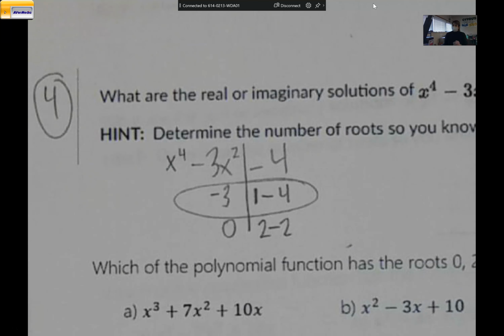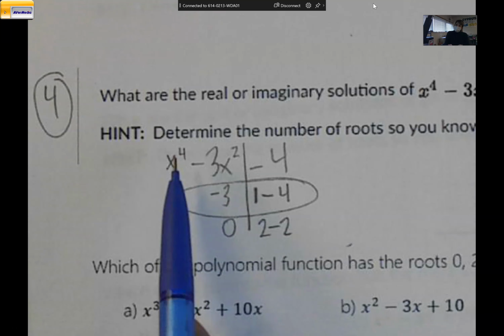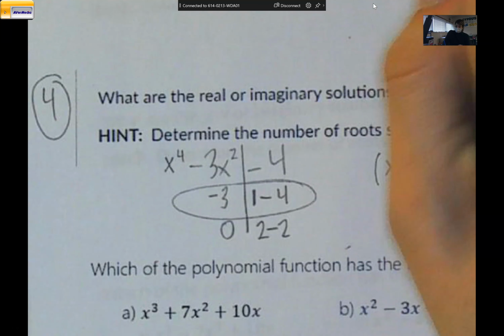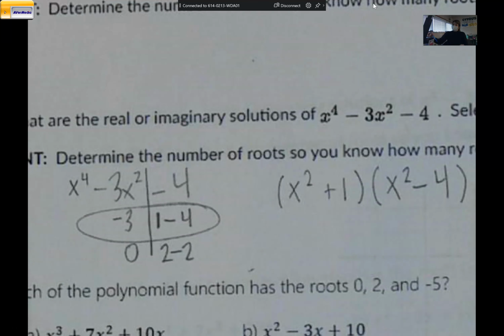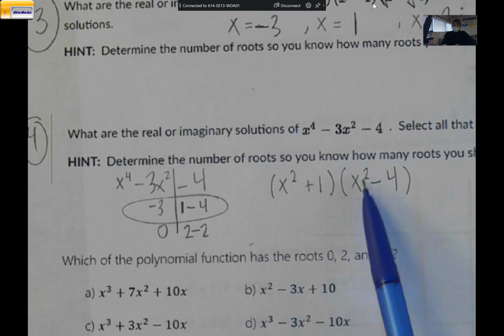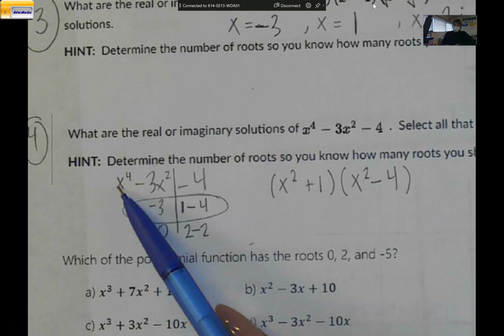Here's where the difference comes in, though. Because you have an x to the 4th here, how this factors out is x squared plus 1 times x squared minus 4. So it's similar to the very first problem, except your term here is an x squared, because you started with an x to the 4th.